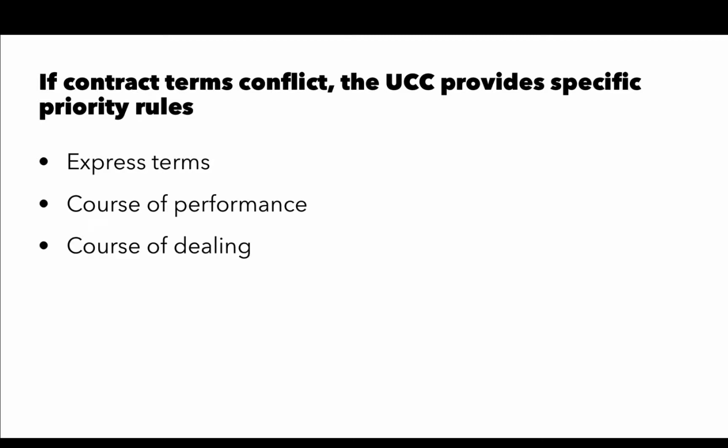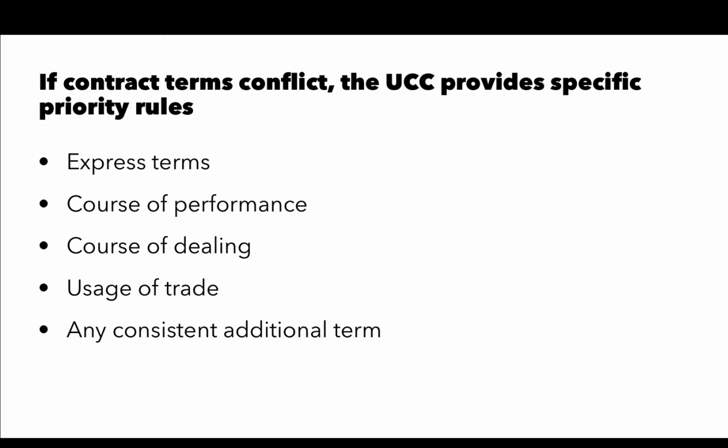Course of dealing: how have the parties dealt in the past with this particular area? Course of dealing will take priority over trade usage, and trade usage will take priority over any consistent additional term. And finally, any term implied by law. What does this mean? This means like the UCC gap filler terms. Those have the lowest priority when contract terms conflict.